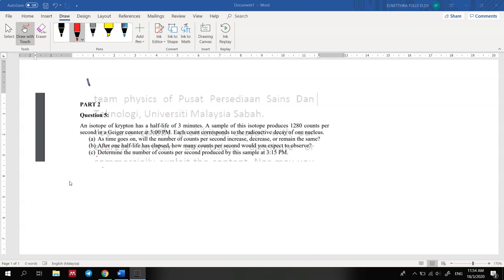Now this is question number 5. I have an isotope here, which is krypton, and I was given the half-life of this isotope, which is equal to 3 minutes.